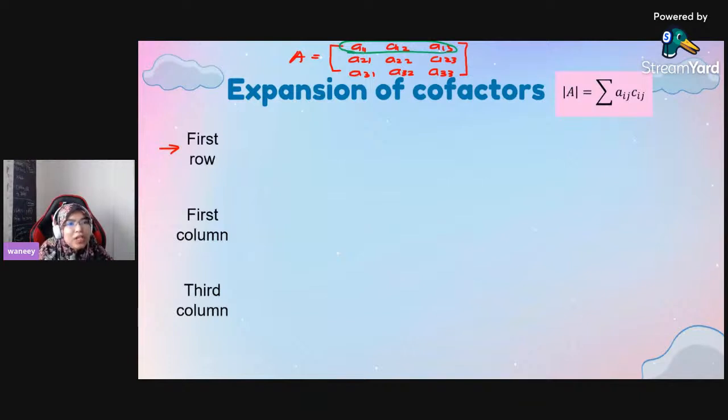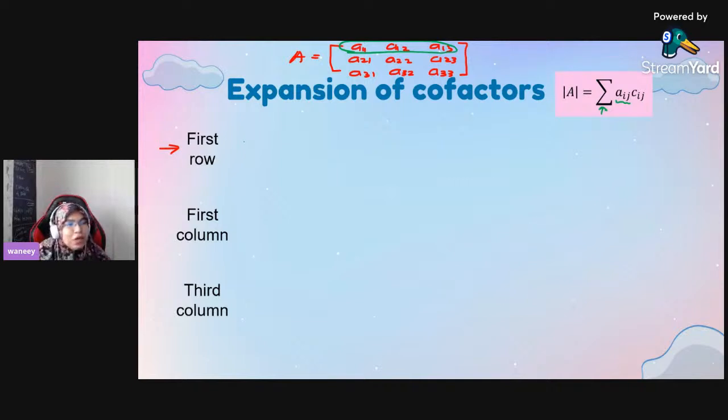A11, A12, A13. So now what we are going to do is replace the A over here with A11, A12 as well as A13. The summation simply means that you have to add everything together. So Aij Cij plus another Aij Cij plus another Aij Cij. That is what they mean by the summation symbol.